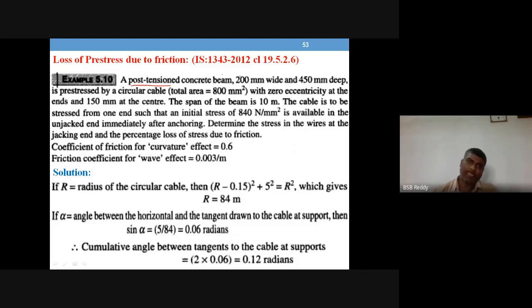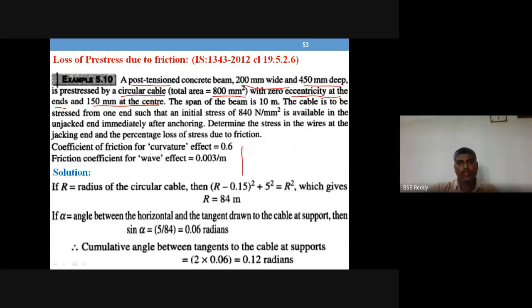The beam size is 200 wide, 450 deep, pre-stressed by a circular cable, cross-sectional area 800 square mm, with zero eccentricity at the ends and 150 at center.